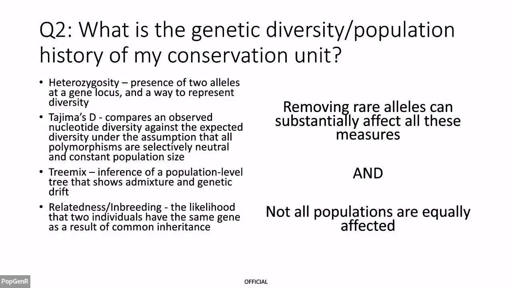Tajima's D is a really good metric to look at contraction and expansion. It compares the observed nucleotide diversity against the expected diversity, presuming a neutral and constant population size. And we're going to actually play with that one in this next session.